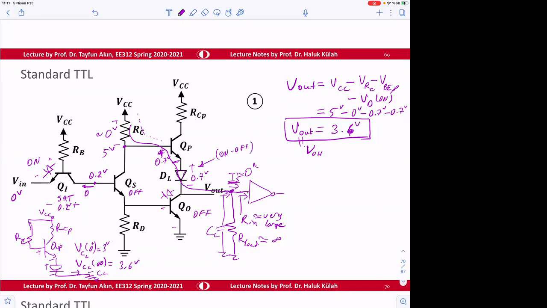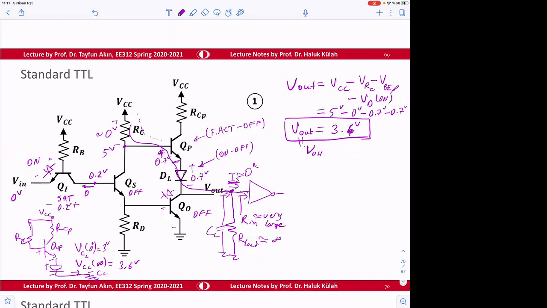So that's the edge, and QP is going to be somewhere between forward active or off. So that's kind of the edge.